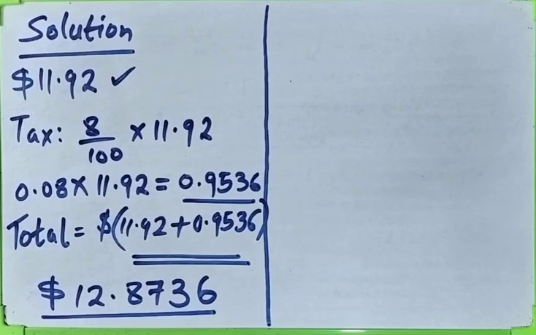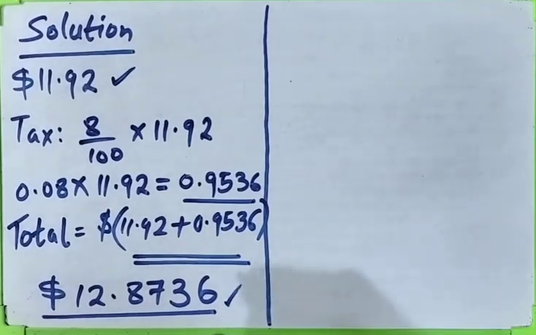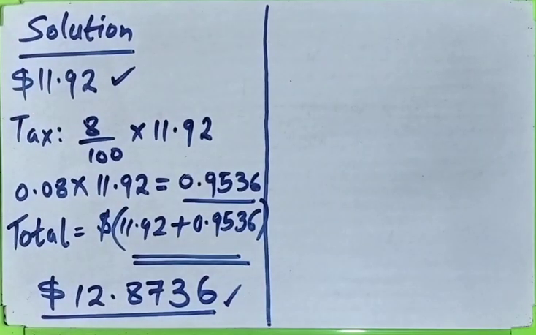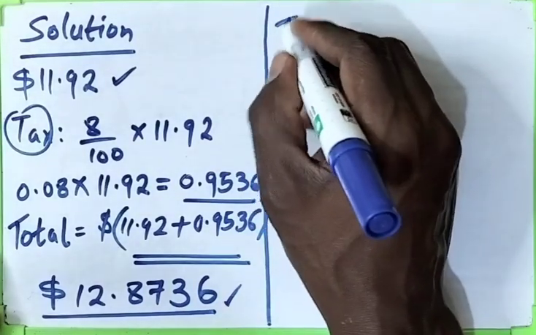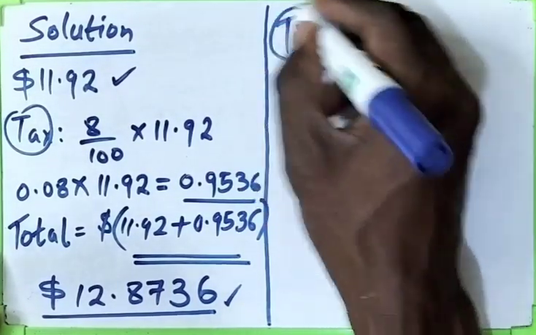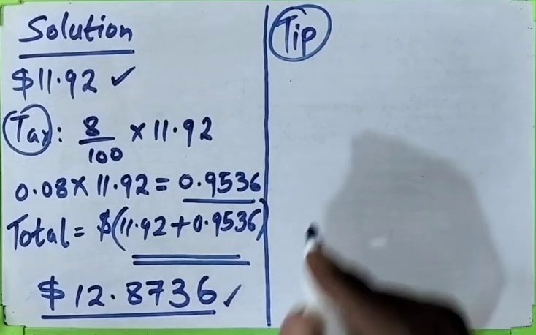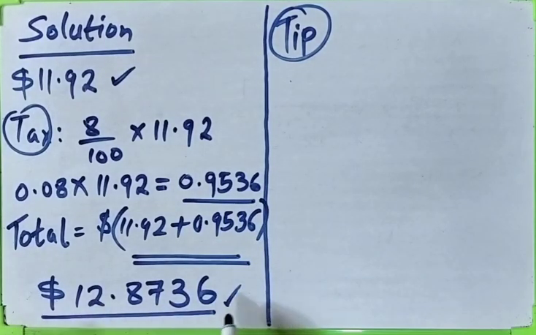We have one more thing to do. After getting the total tax and 11.92, we are going to look for 15% tip. So after tax, we are going to do the amount for tip. The amount for tip is 15% of the total, this one.